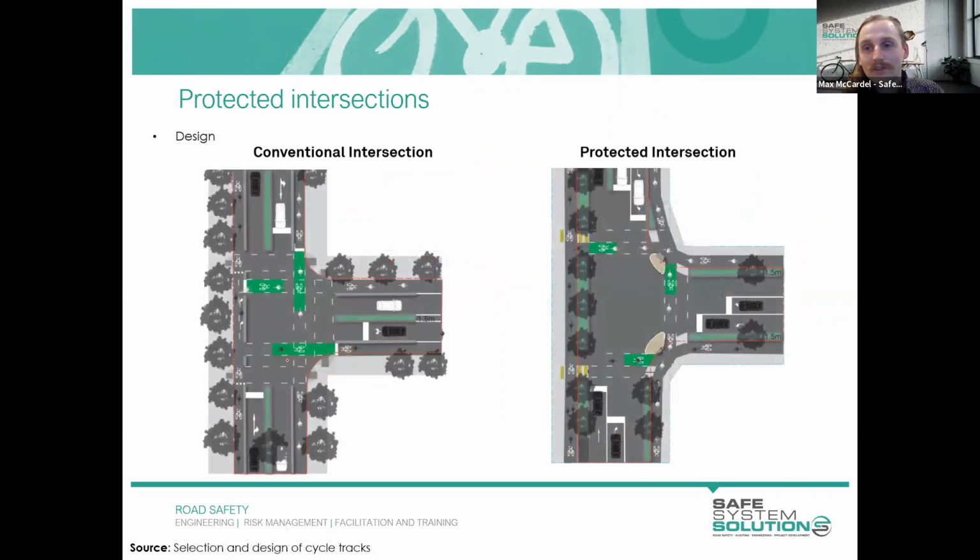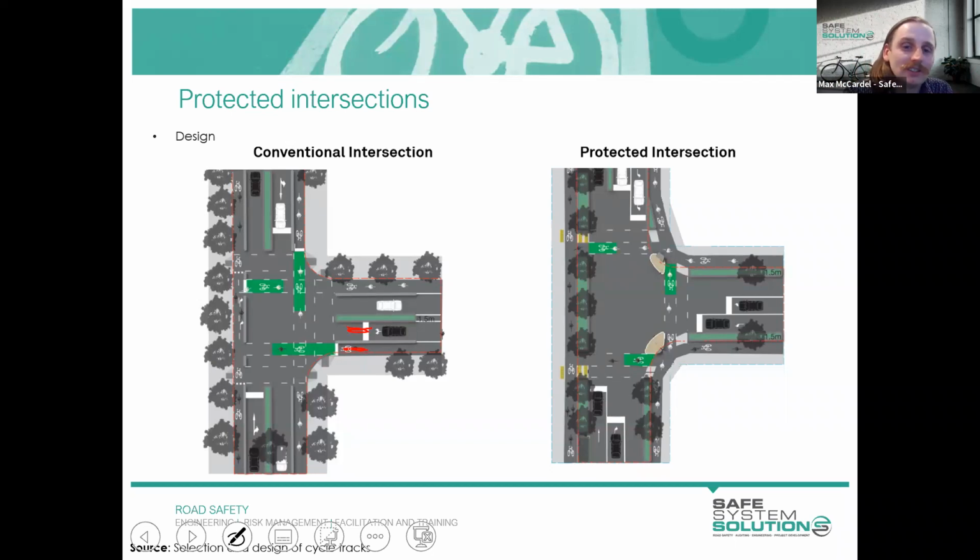Here's another example of a planned view of a conventional intersection. So you can see there is our general traffic lane, and our bicycle lane is right next to it. There's very, very little offset there. In this example, it does look like there's a little separator, but I wouldn't even say that's conventional. It's usually there's nothing there, just line marking, just a bit of paint.